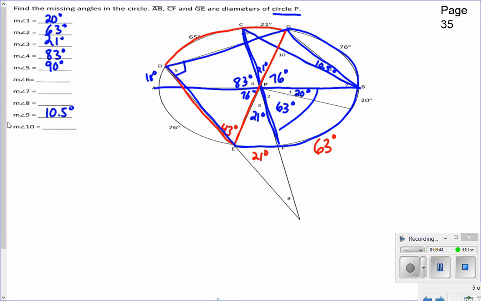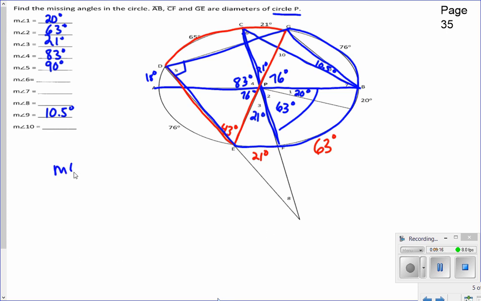Okay, and we're going to just continue on in this fashion, filling in things that we know to help us find what we're looking for. So let's see what else we know here. I'm seeing angle 8 is a secant. So remember that angle is half of the difference between the intercepted arcs. So I can figure out what the measure of angle 8 is.